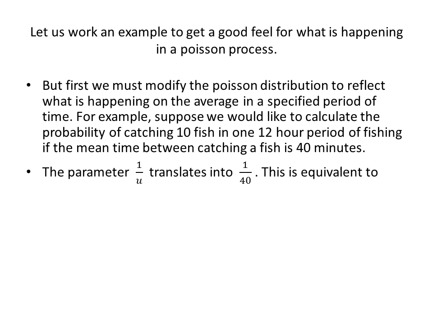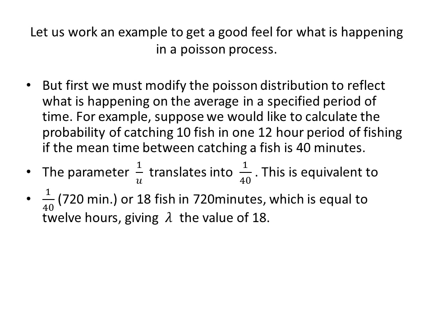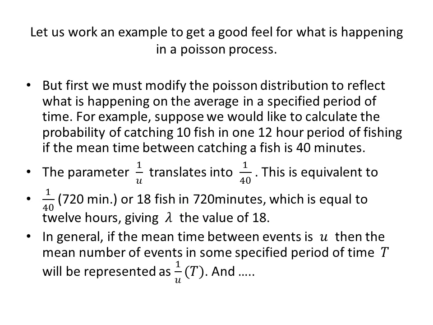Of course, the parameter 1 over u translates into 1/40th. This is equivalent to 1/40th times 720 minutes, since our units are going to be in minutes, and there are 720 minutes in a 12-hour day. This translates into an average of 18 fish per 12-hour period. That gives us our lambda to be 18 fish.